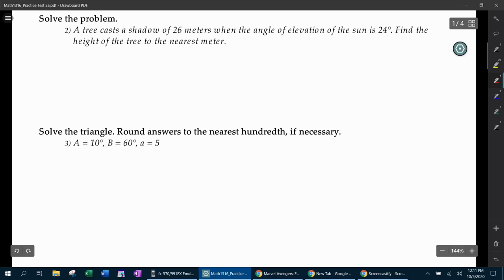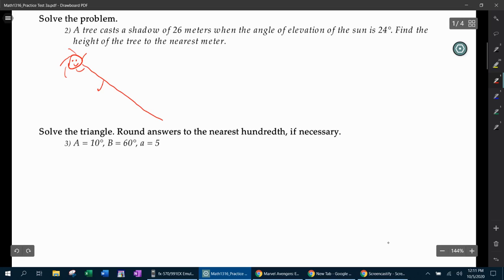Problem number 2, it says a tree casts a shadow of 26 meters when the angle of elevation of the sun is 24 degrees. Let's draw a picture. All right, so we have our sun, happy sun, and he's casting a sun ray.